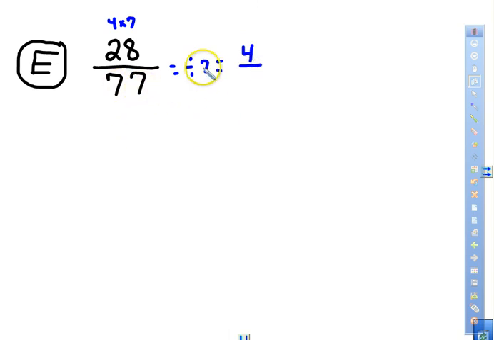And 77 divided by 7 is 11. And then I'm looking at 4. Well, 2 and 4 are good factors of 4. But 11 is prime, so since it's prime, 4 doesn't go into it equally, so we are done. 4/11 would be my answer to letter E.